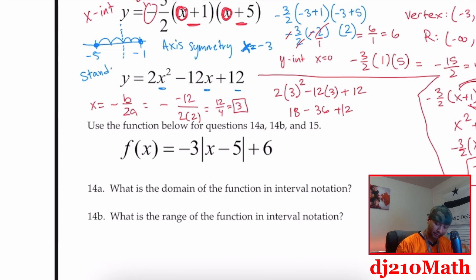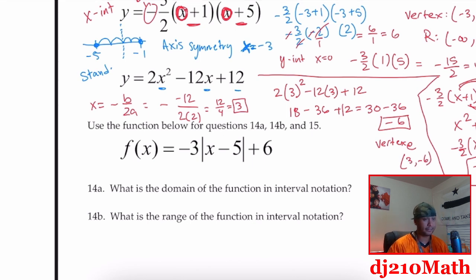So combining like terms, 18 and 12 is 30, minus 36, so negative 6. That's the y component. So the conclusion: vertex is at 3, negative 6.